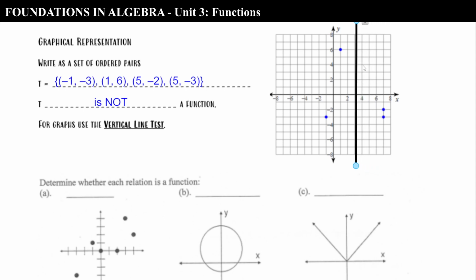But as long as we only have 1 point going through this vertical line as we pass it from left to right, then we have a function. And this one is not, again, because we have 2 points going through it.